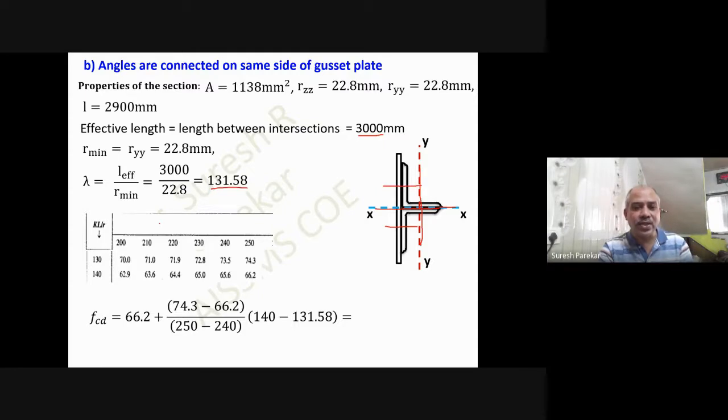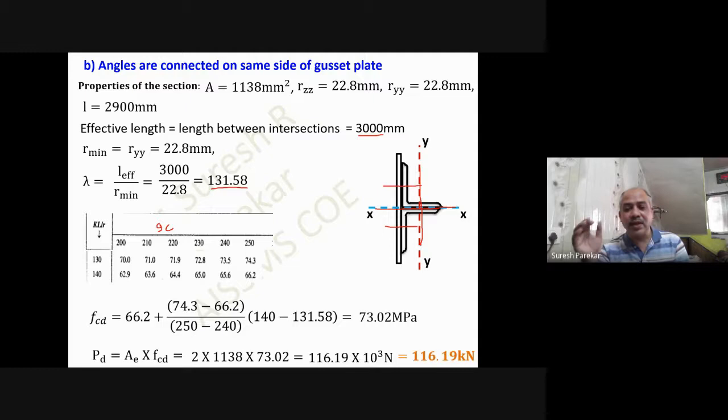And then using this table 9C, you are in a position to calculate the value of FCD. Because we have buckling class, which we have to take from table 10, and for that buckling class we have class C, from which I will get the value of FCD. Then by substituting this value in this equation, we will get the value of PD.